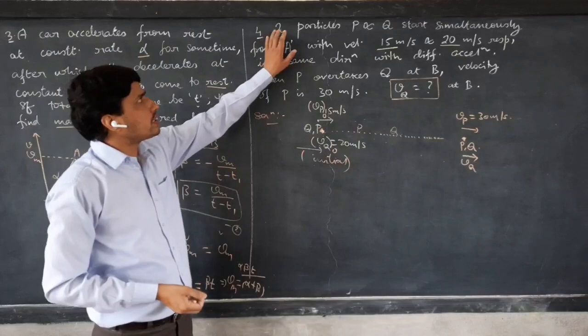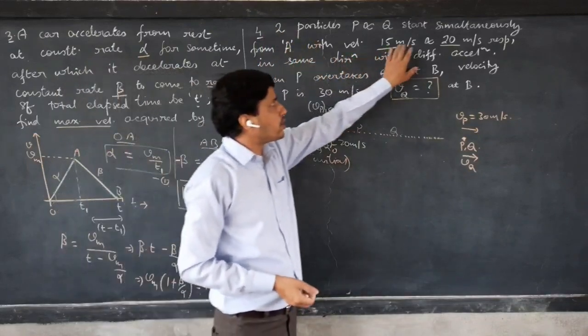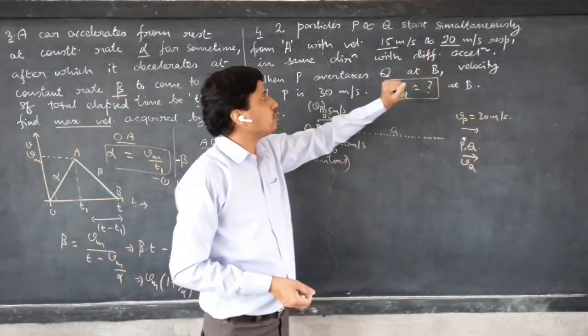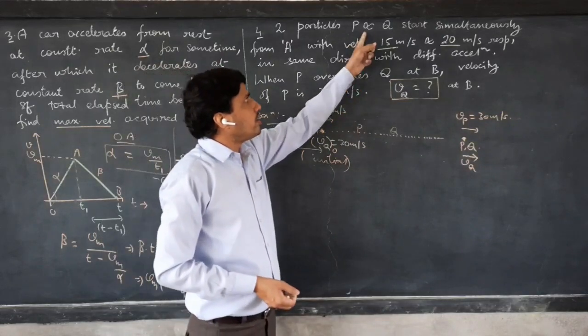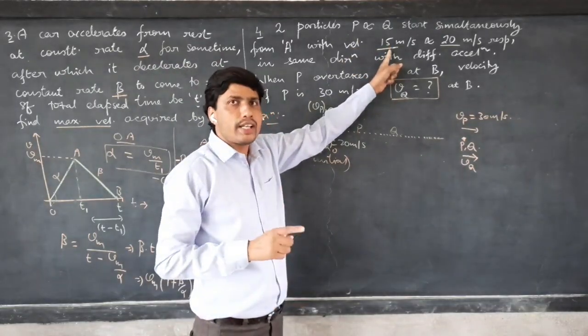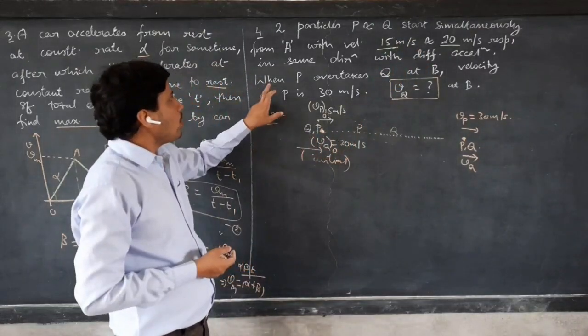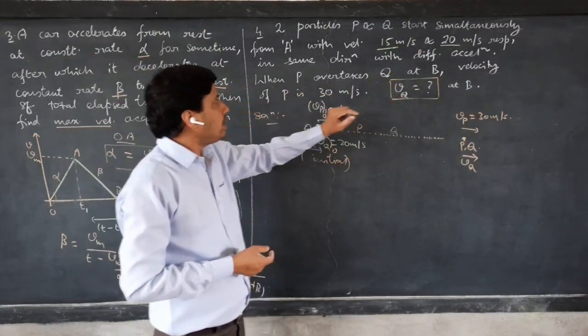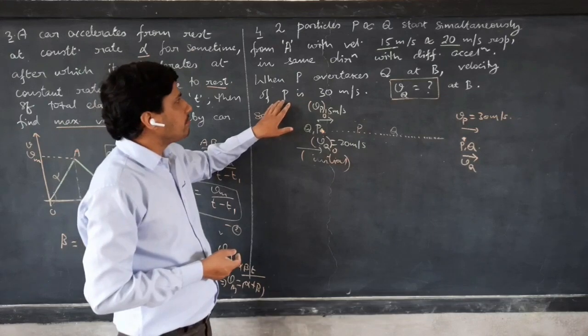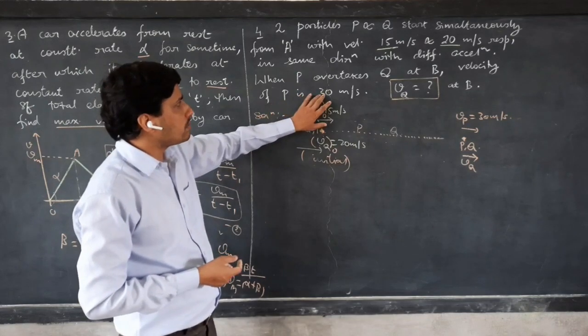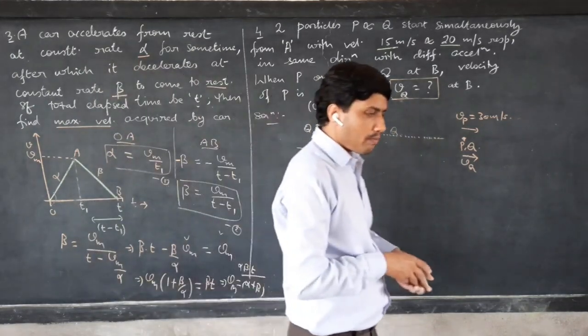So the question was: two particles P and Q start with different velocities and different accelerations, of course. The one which has smaller velocity should have greater acceleration so as to overtake the other particle. When P overtakes Q at B, P has a velocity of 30 meters per second. What will be the velocity of Q?